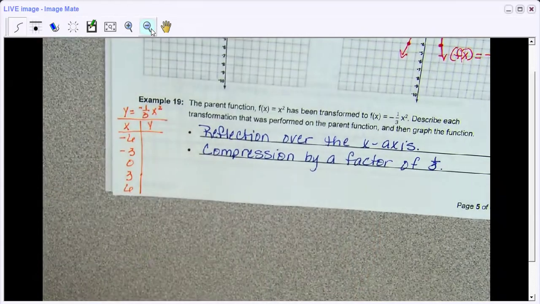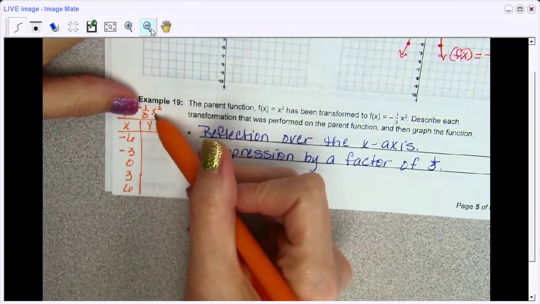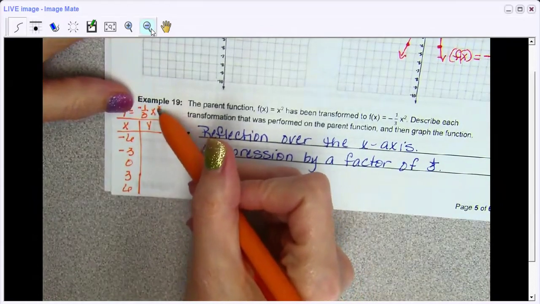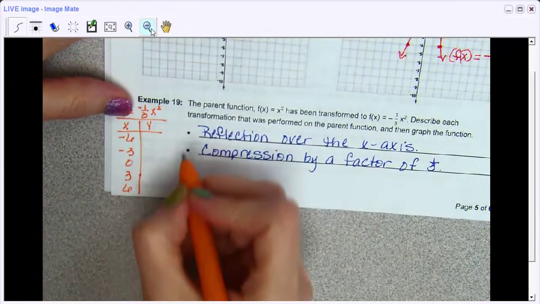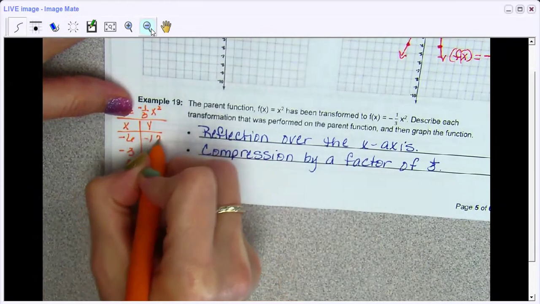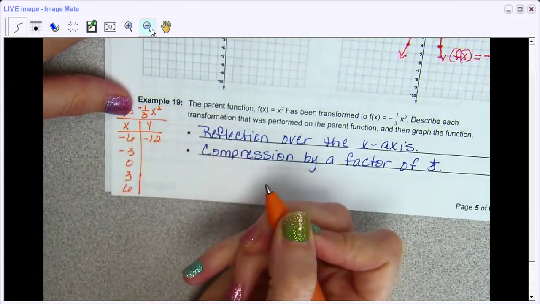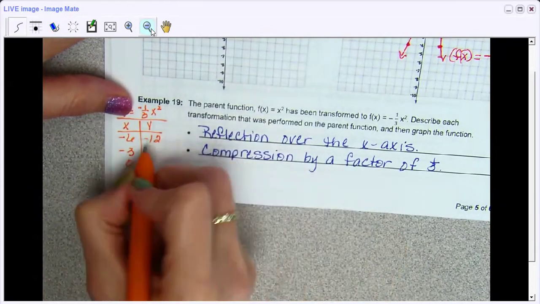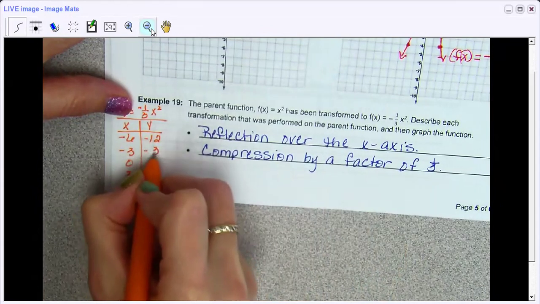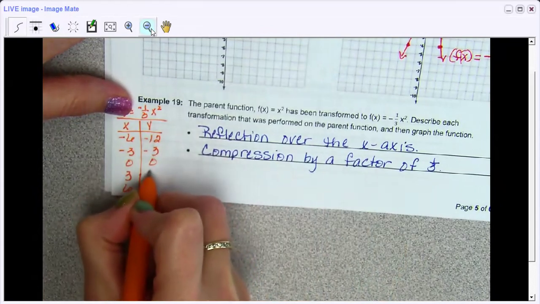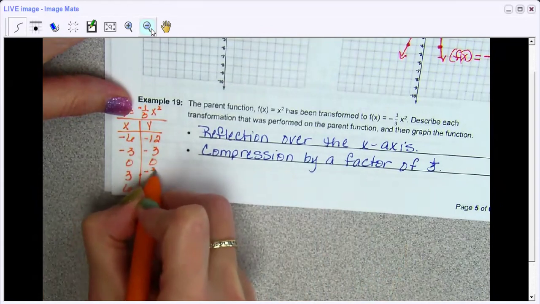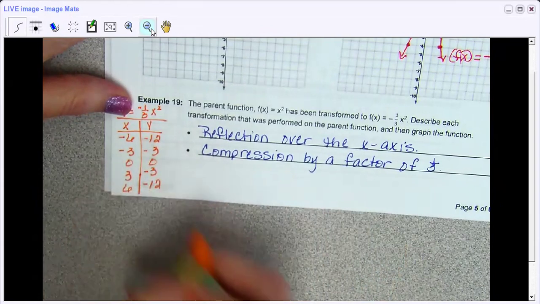So we're going to plug those in. So -6 squared is 36, and 1/3 of 36 is -12. 1/3 of 9 is -3. And we're going to go off the graph just a little bit.